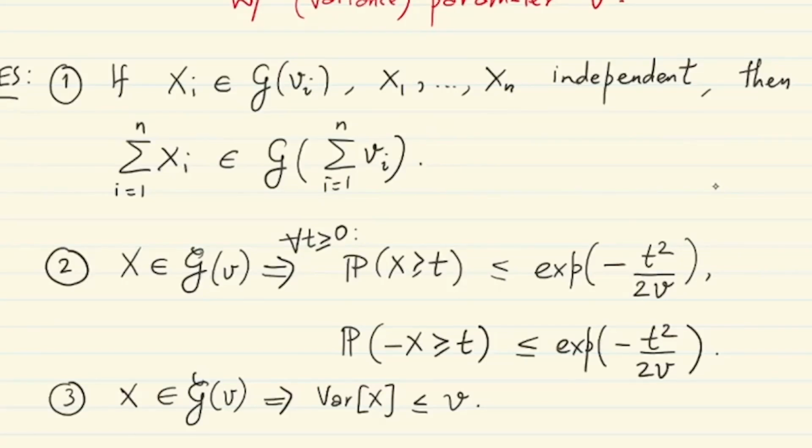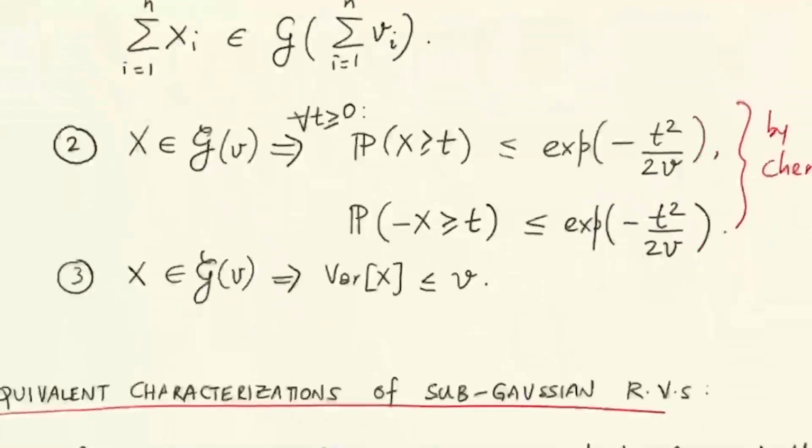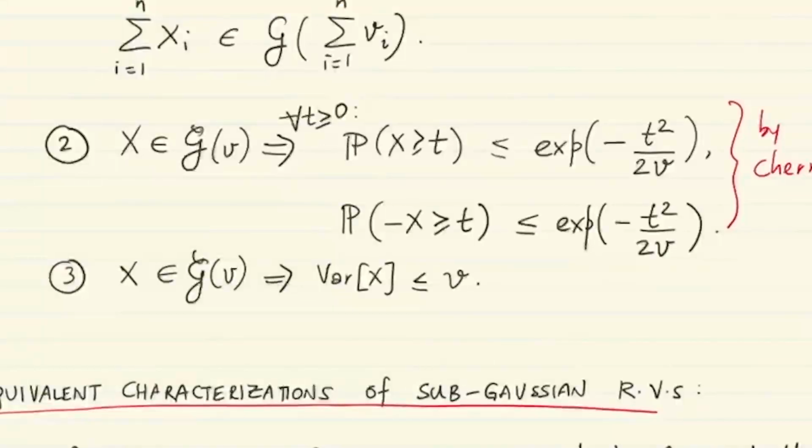These are just applications of the Chernoff technique. Because you have an upper bound on the log moment generating function, which is that of a Gaussian random variable, this will give you a lower bound on the dual of C_x of lambda, which is C_x star of t. And that's precisely what comes into this exponent here.